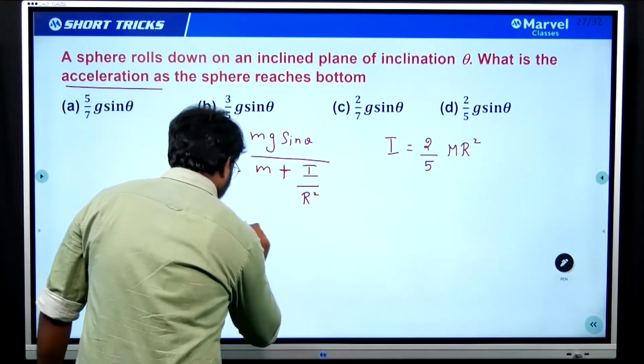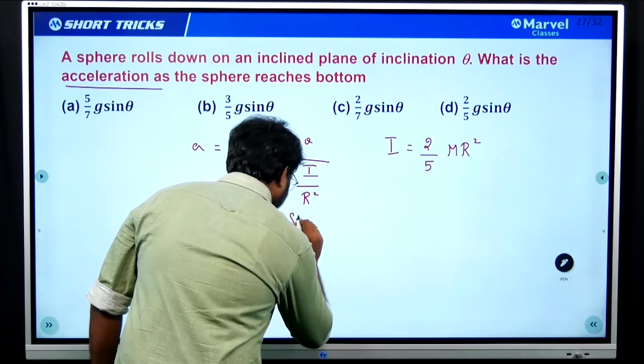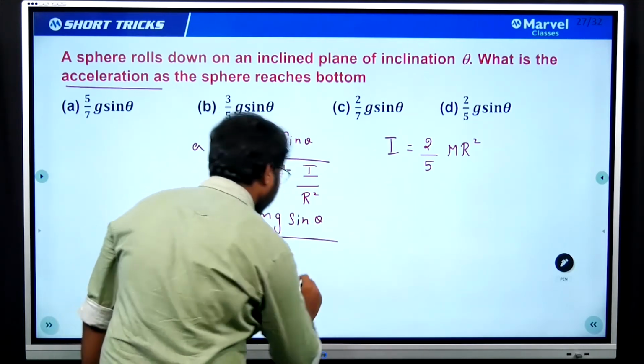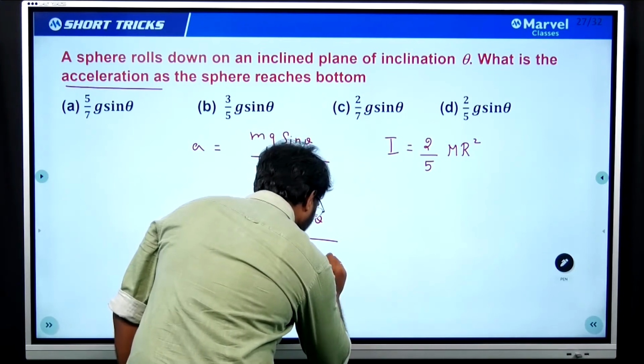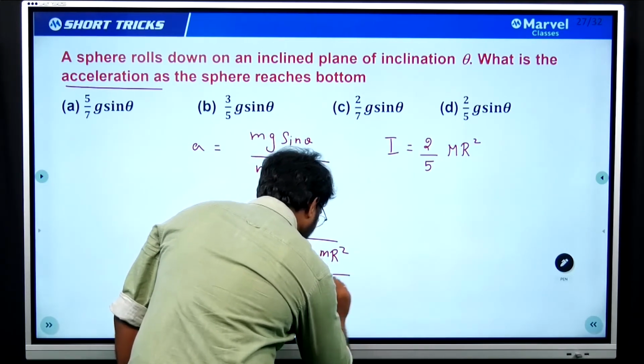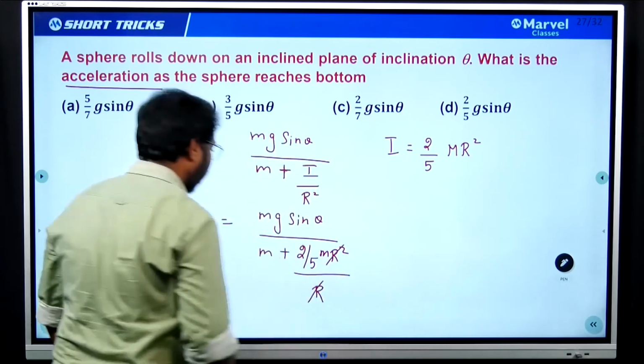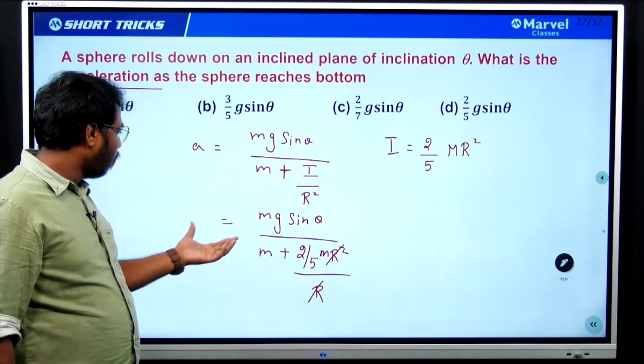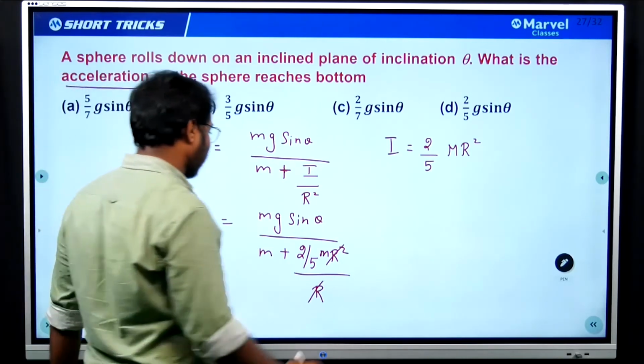Let me show you. mg sin theta divided by m plus 2 by 5 mr squared divided by r squared. r squared and r squared gets cancelled away. Likewise, I can also pull these m's out and cancel them.